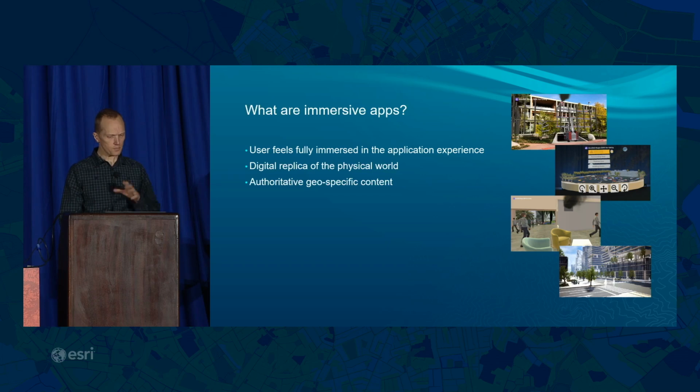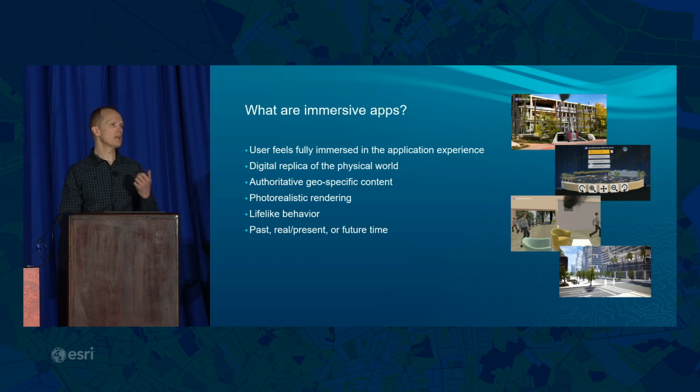And then based on authoritative geospecific GIS data and content. These immersive experiences need to look like the real world, so taking advantage of photorealistic rendering in the game engine, but they should also behave like the real world as well, so animation with lifelike behavior. And then integrating a time component for past, present, or real time and future.